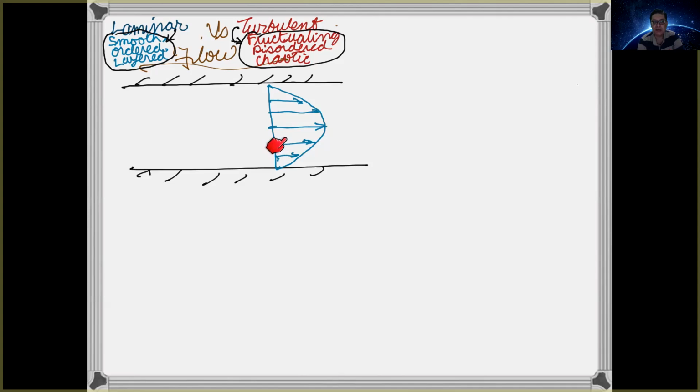This fluid particle moves upward, and when it moves into the upper layer, which is moving with a smaller momentum, it tries to increase the momentum of the upper layer. Whereas at certain other time instants, where this v velocity is negative, this fluid particle moves downward, and it tries to accelerate the bottom layer. So this v velocity fluctuation leads to a mixing of momentum in the vertical direction.